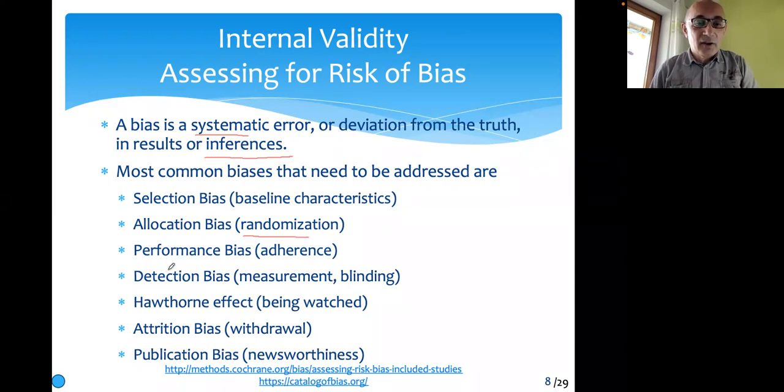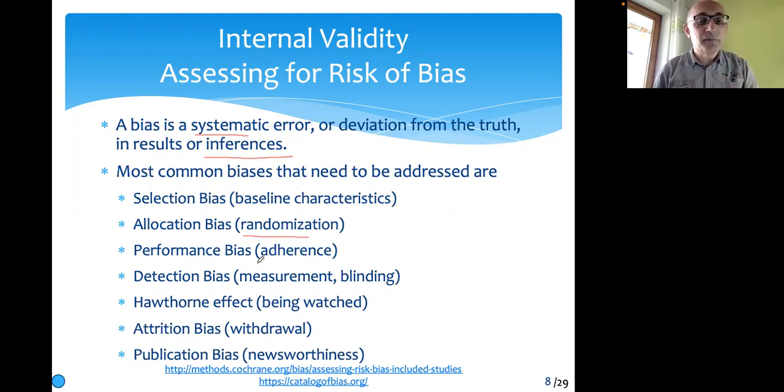The third is the adherence or performance bias, because if you have different groups, and in one group there are more people adhering to the therapy or to the protocol, that means in that group you may observe some different results compared to the other group.